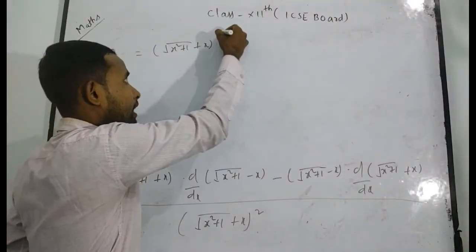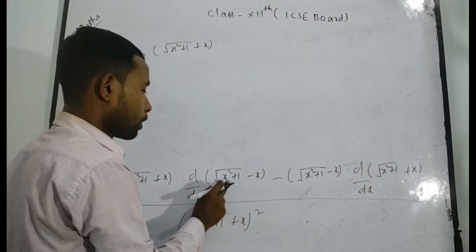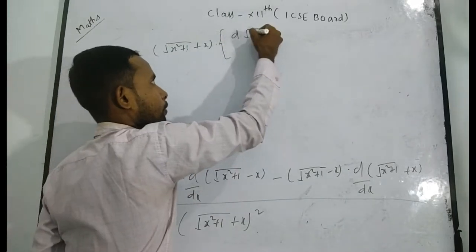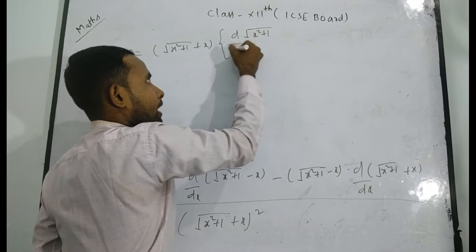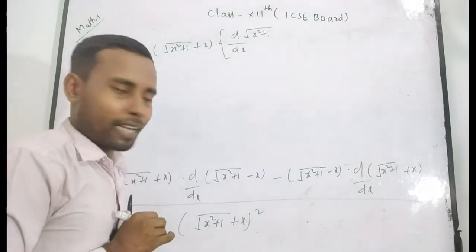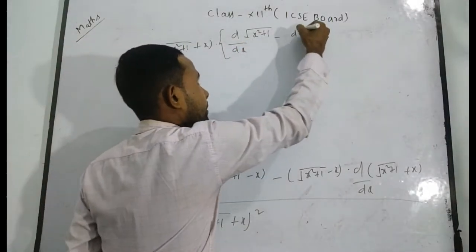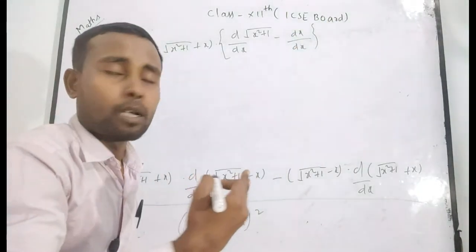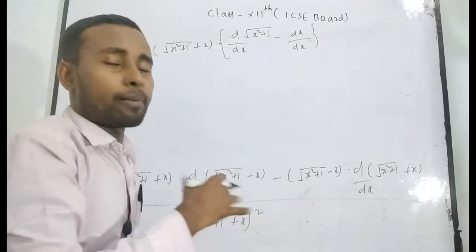Now here you have to write what you know. I want to write so that it becomes easy for you: the derivative of root under x square plus 1 with respect to x. First write it here, and again write minus the derivative of x with respect to x. Using which formula? The addition and subtraction rule, which I have already told you.